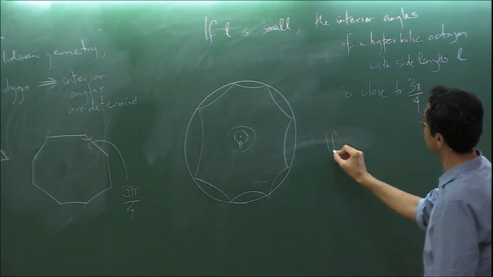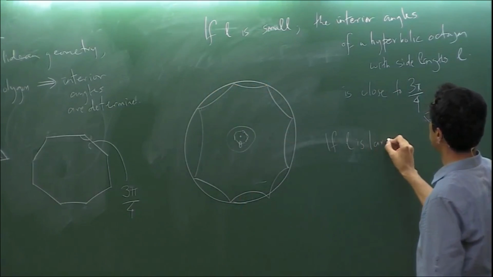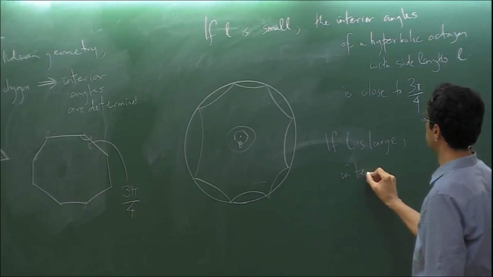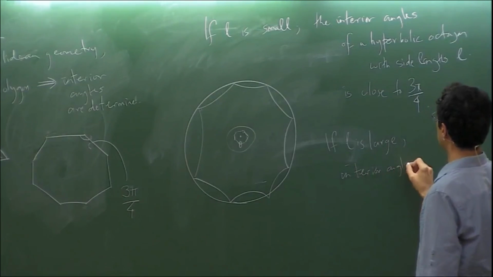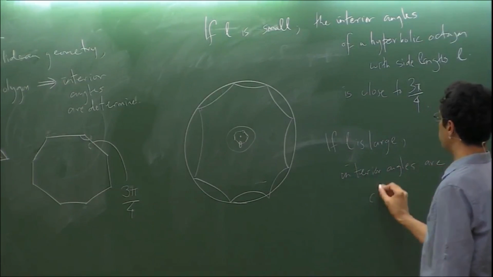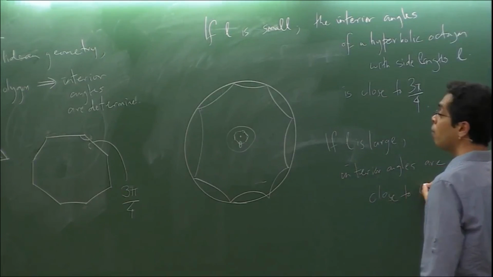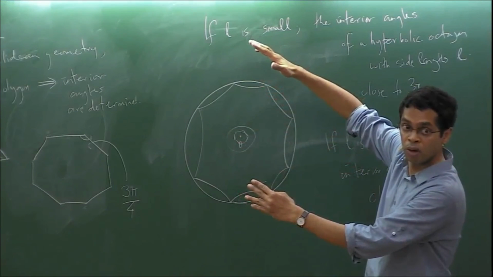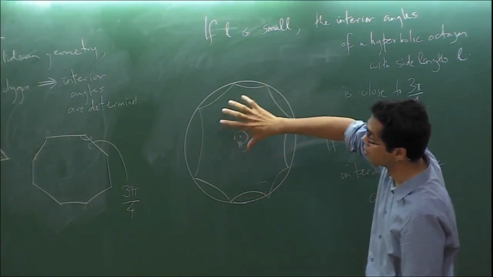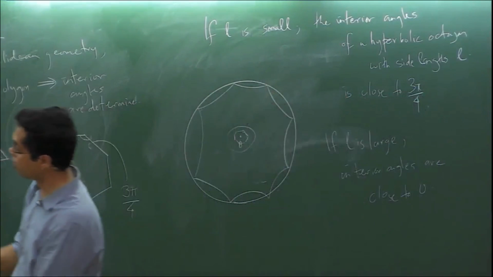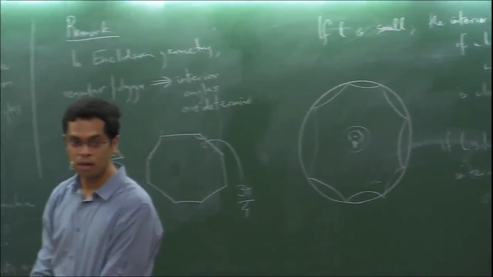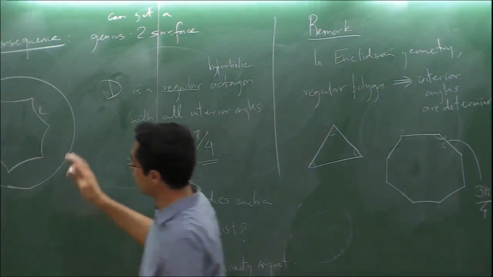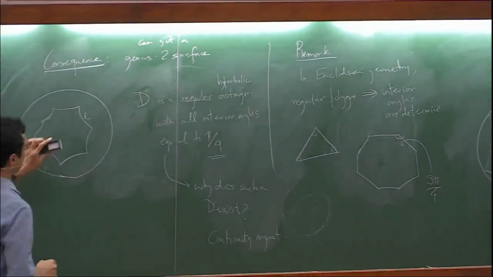So if L is large, then the interior angles are close to 0. So somewhere in between, there's some value of L for which the interior angles are exactly pi by 4. That's why such a thing exists. Is that argument clear? Yeah, so that's why this L exists.